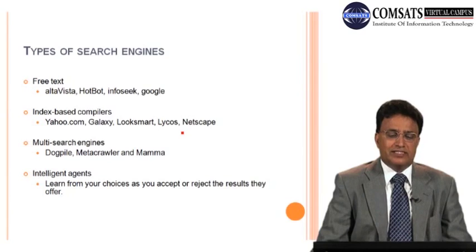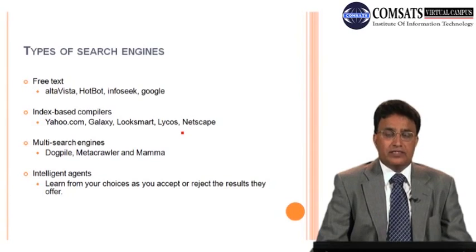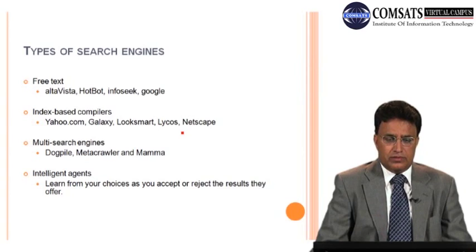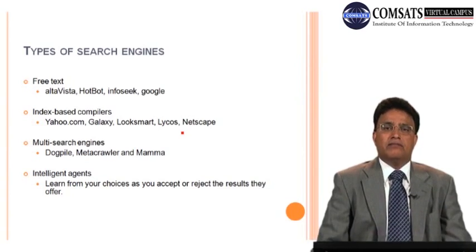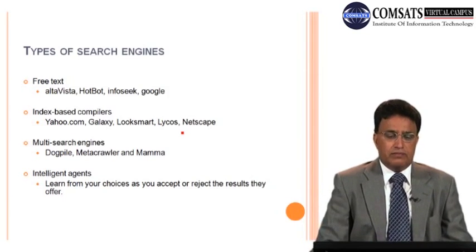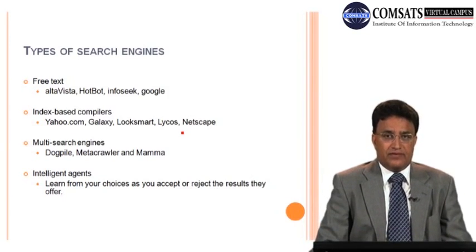Number 1 is AltaVista. Number 2 is HotBot. Number 3 is InfoSeek. And number 4 is Google. There would be many more, but these are more frequently used by researchers for free text.